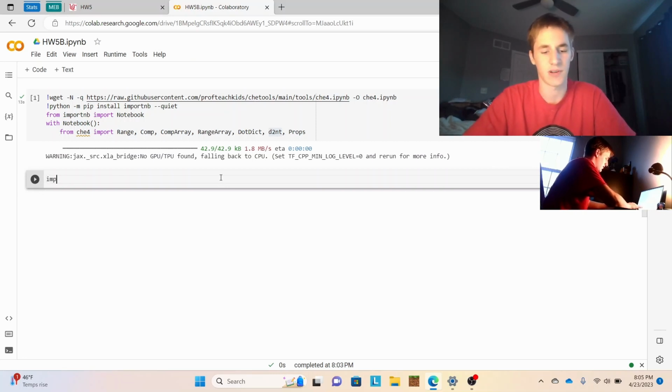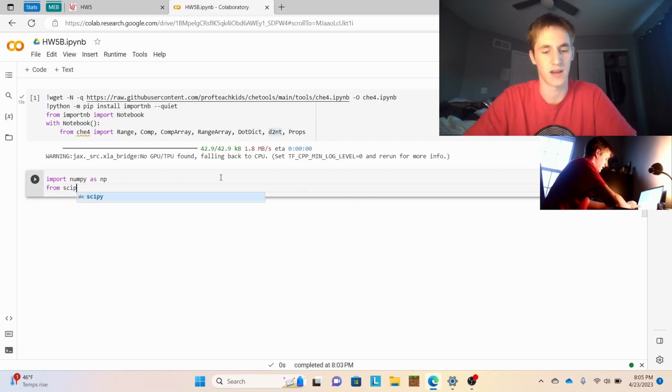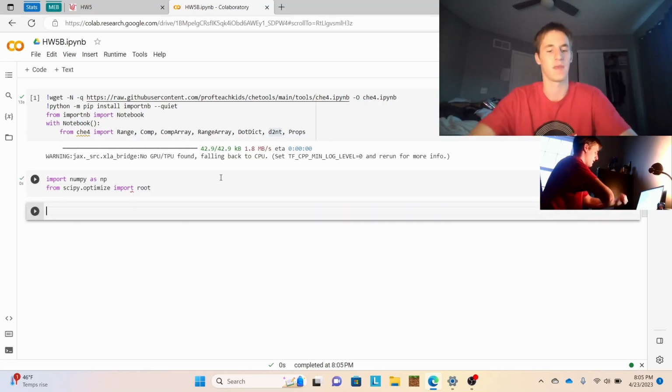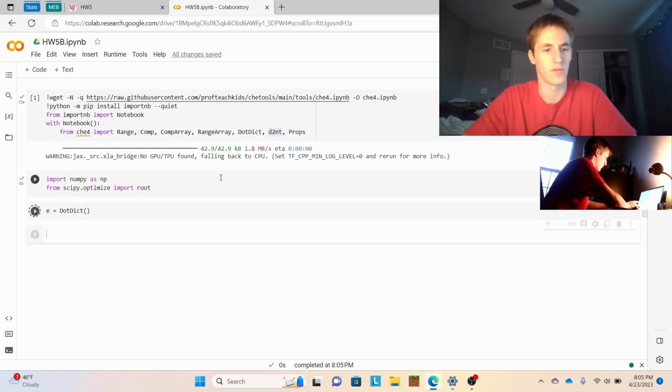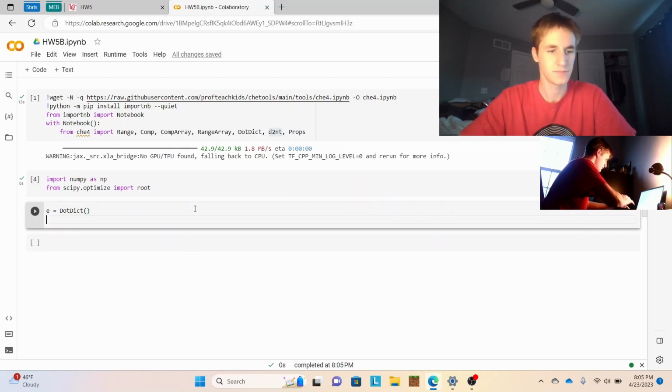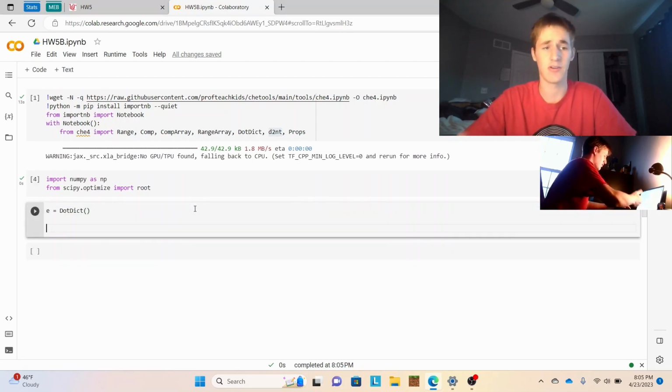So the first thing I want to do is import numpy as np and from scipy.optimize import my root solver. Right. And then I'm going to go ahead and create a dictionary. Right. So e equals dict with parentheses there. And now I'm going to go ahead and write in my variables.